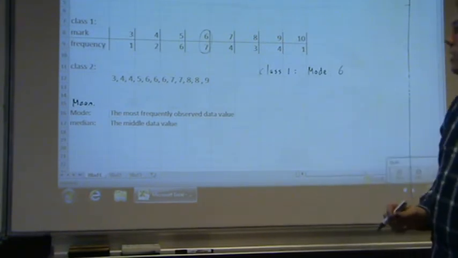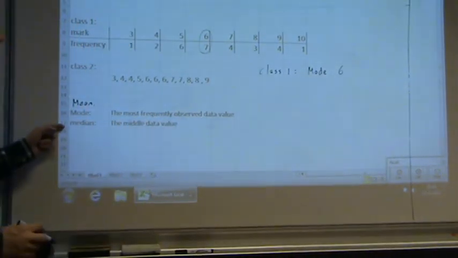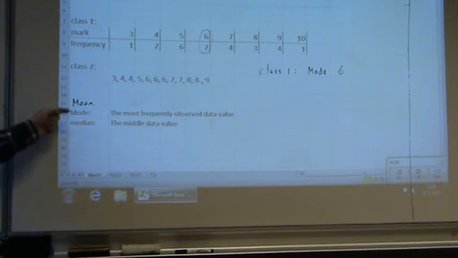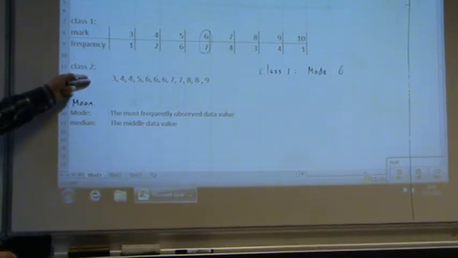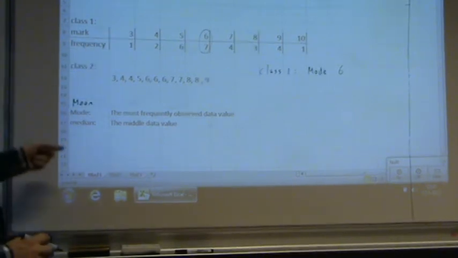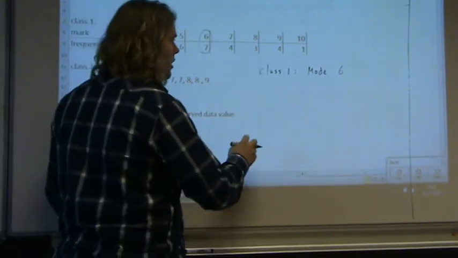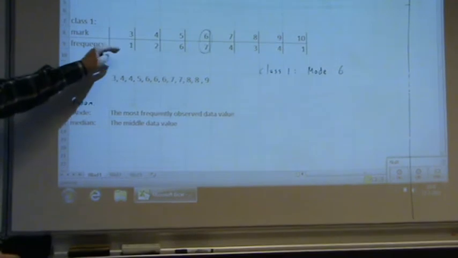All right. Then we're going to go to the next one, which is the median, the middle data value. When you have information like this, it's pretty easy. If you have it like this, it's more difficult, I think, because you have a frequency table and it might be a bit annoying for the median. So if you want to know the median, first you want to know the total frequency.